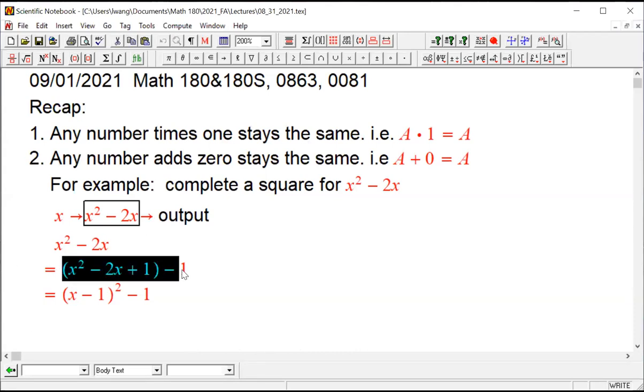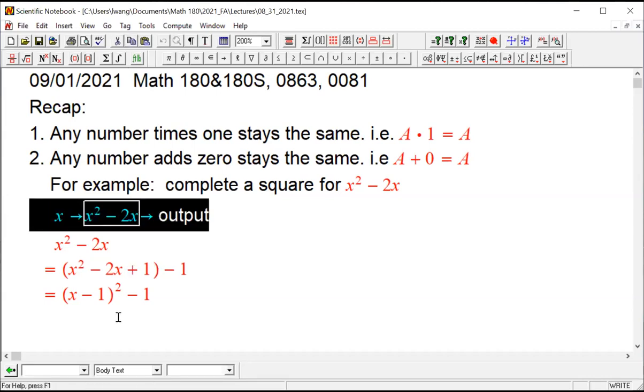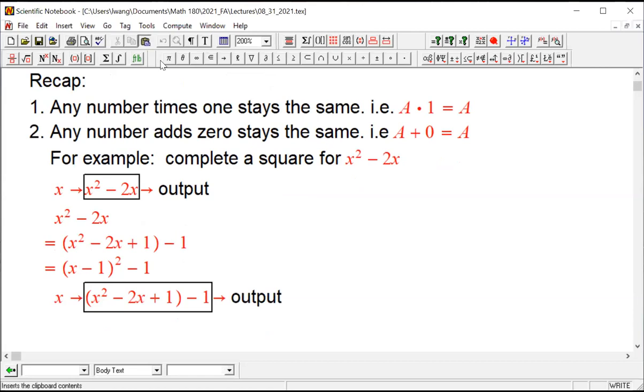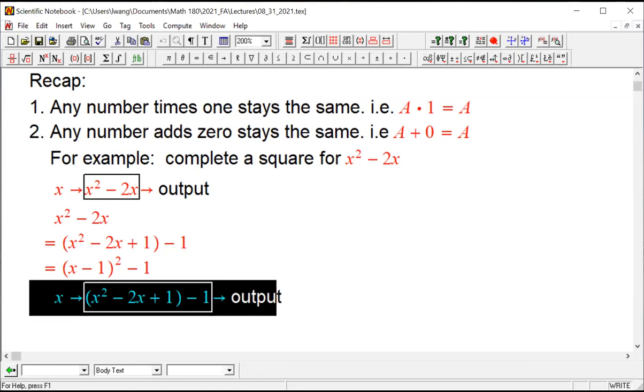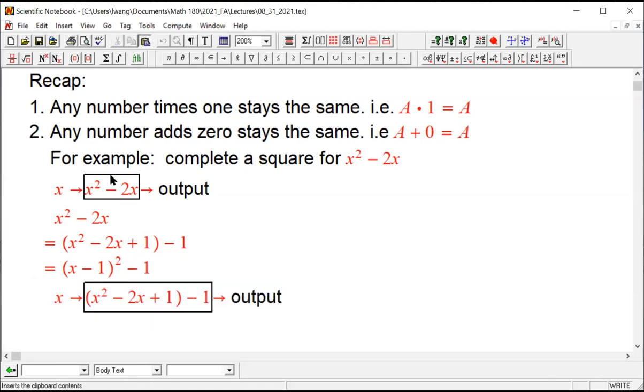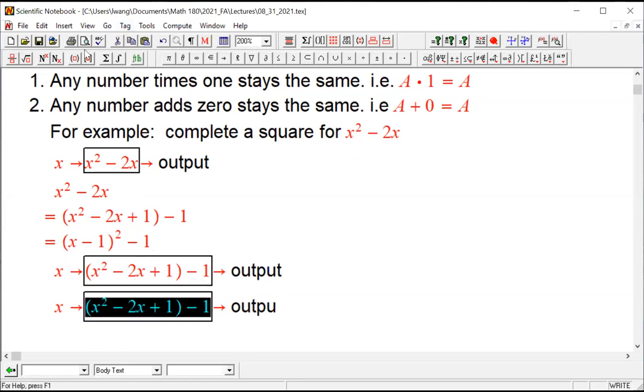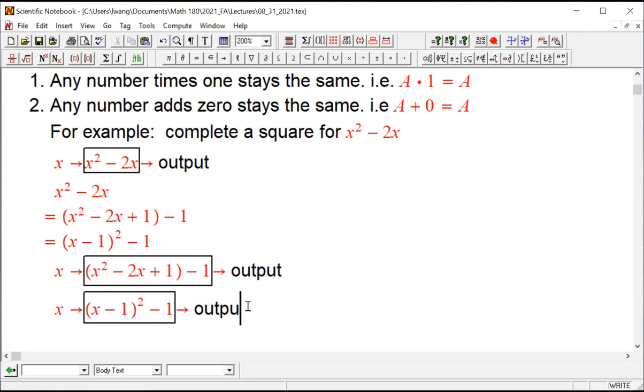Whether I use this as the rule to replace the previous rule, or I use the last one as the rule, the same input will produce the same output.